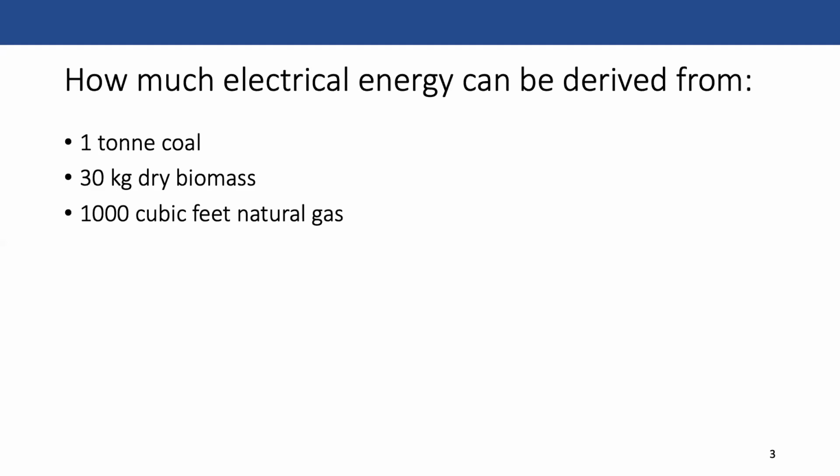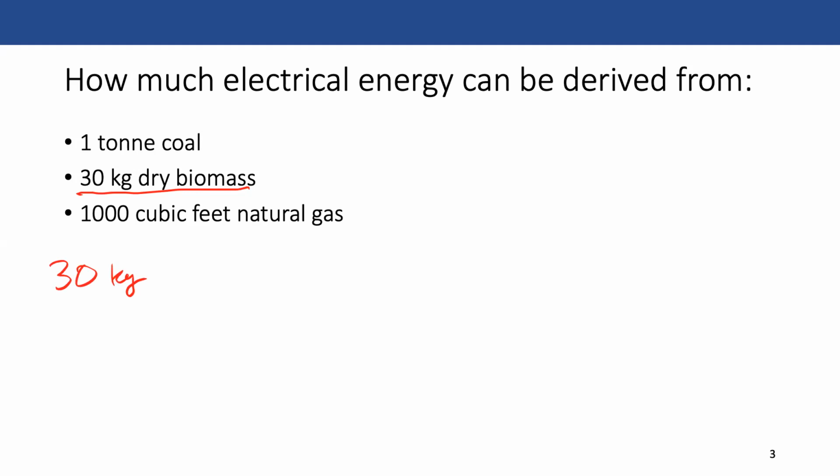Okay, so how much electrical energy can be derived from 30 kilograms of dry biomass? We'll start by converting our biomass into its energy content, and then we multiply to translate into the energy content for electricity in the same unit so that we can multiply by the efficiency of production. We can always safely start with our given, so 30 kilograms.